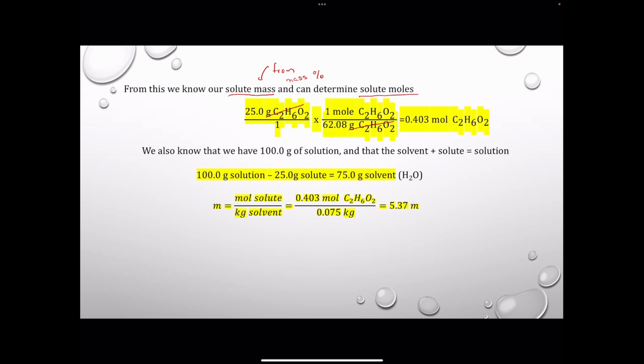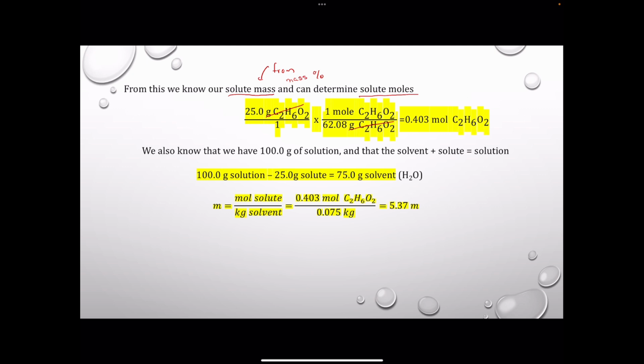Now, the other thing we know is that if I've got 25% as my concentration, then 100 is my solution. And my solution is my solvent plus my solute. So if I subtract my solute amount from my total solution, that's going to give me my solvent. So 100 grams of solution, 25 of which are solute.